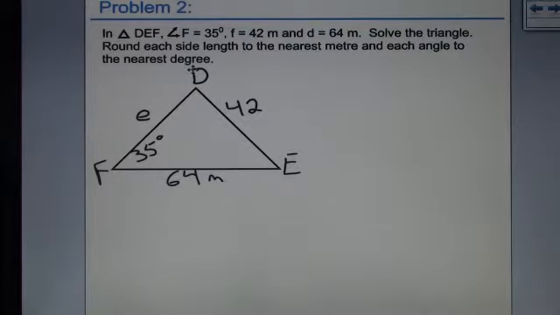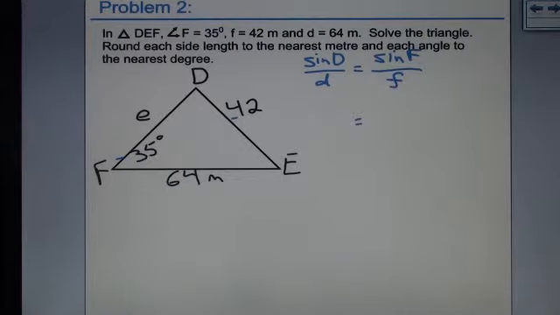So I'm going to start off looking for angle D. So I would say sine D over d equals, and I know in this triangle angle F and side f, so I'm going to say sine F over f.